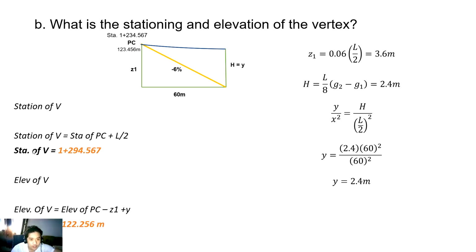So next, elevation of B or vertex. Para naman makuha elevation of vertex, gagamitin natin yung elevation of PC minus Z1 plus Y. So, ano nga ba yung elevation of PC natin? So, ang elevation of PC natin ay 123.456 meters. Then, minus Z1. Tapos, plus Y, which is H equals to Y din daw. So, para mahanap natin yan, isosolve muna natin yung Z1. So, para sa Z1, 0.06 L over 2.